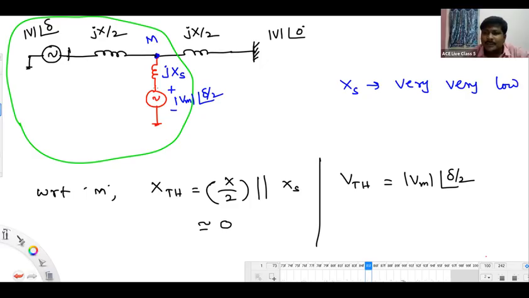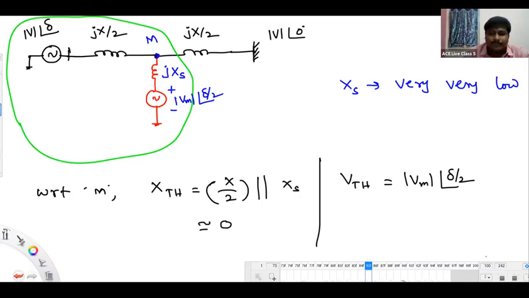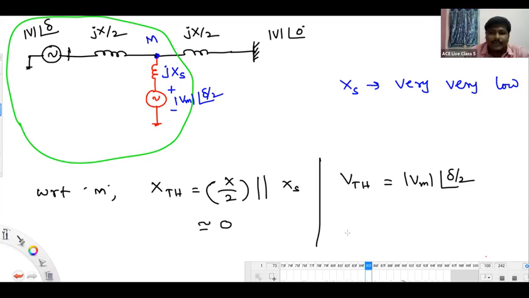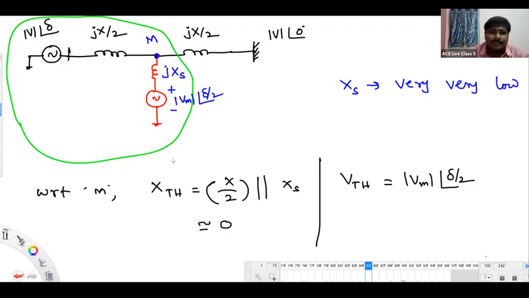Do you have many synchronous machines in your system? In the power system network, practically, can I say we have many synchronous generators? Think about the Indian power system, Vaishnavi.